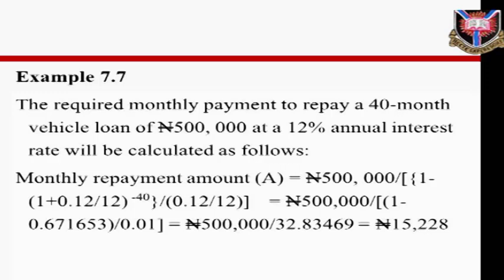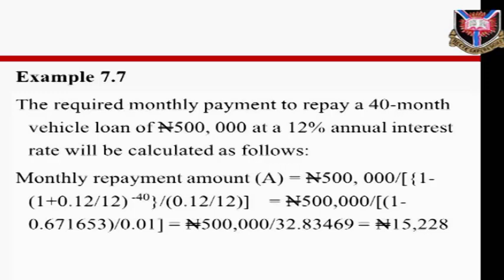Monthly repayment amount A equals 500,000 divided by 1 minus (1 plus 0.12 divided by 12) to the power minus 40, divided by 0.12 divided by 12.